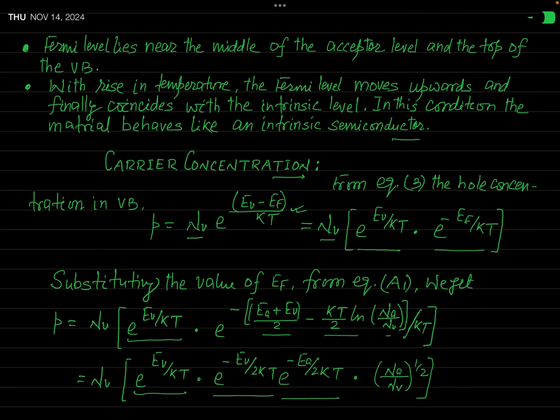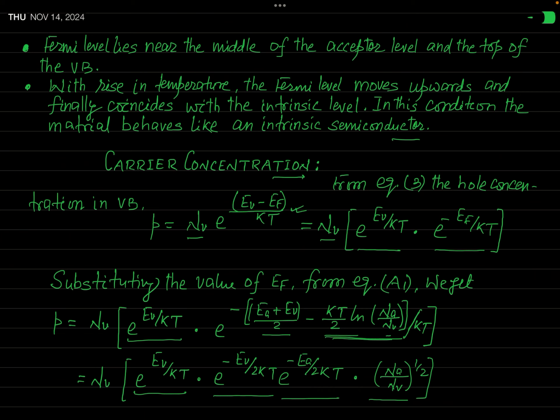And when you raise this as a power of exponential, the KT will cancel out, and this result will be NA over NV to the power half. Here the property of log has been utilized.